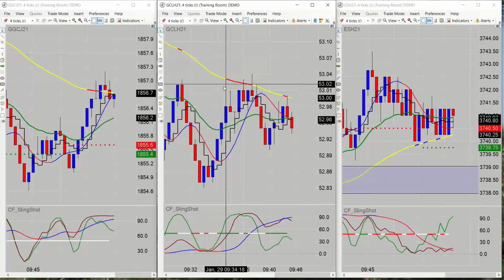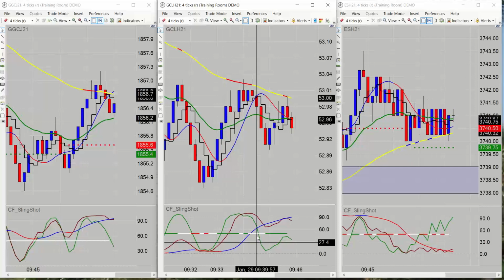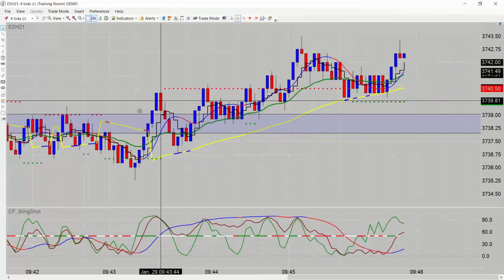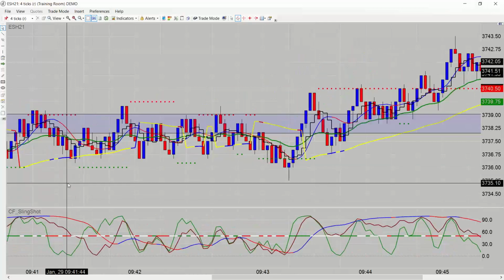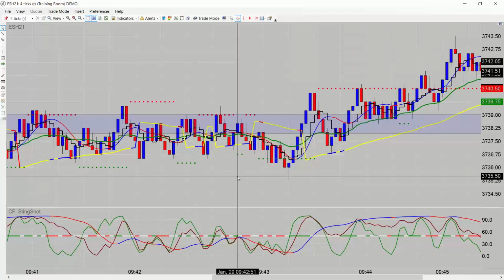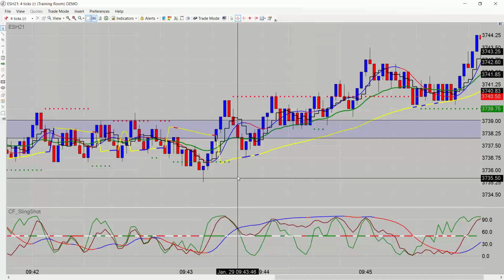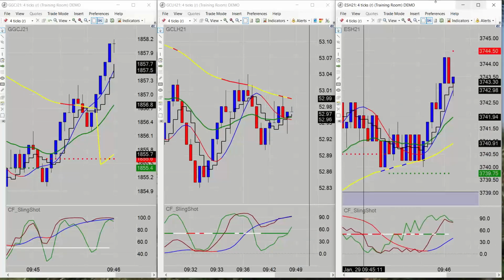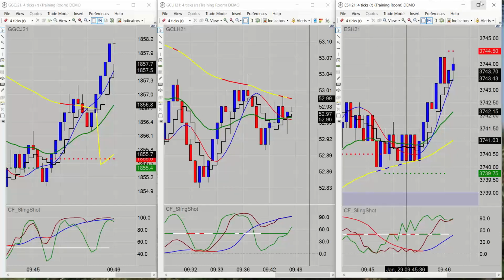All we need is the YBR price and the slingshot. Over here, you can see on the ES, a lot of the morning from the open to now has been pretty much sideways action.